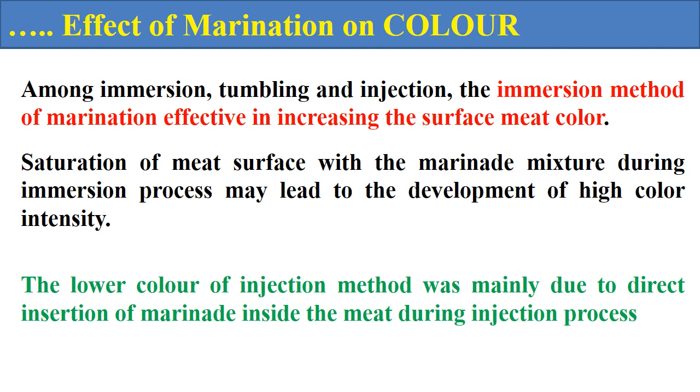So the immersion method provides the best color on the surface of meat, whereas the lower color of the injection method was mainly due to direct insertion of marinade inside the meat during the injection process. So in case of injection, the marinade goes directly inside, so the surface effect is less, so the surface color is also less.